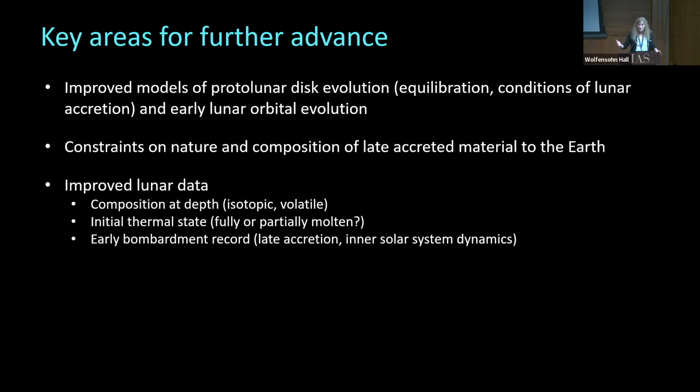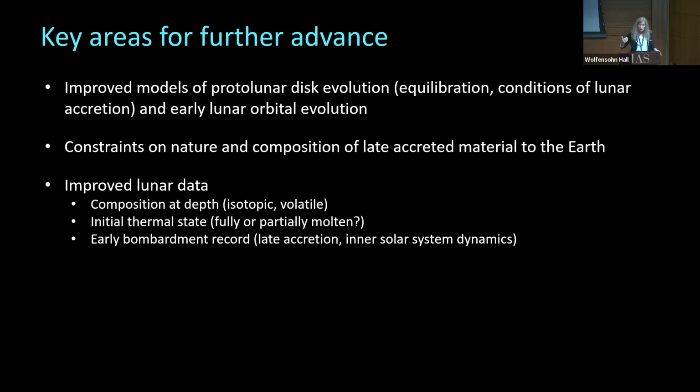Many thousands of impact simulations have been done. I've mentioned that. By comparison, very little energy has been spent on models for how the disk evolves and how the moon actually forms. And yet those are the models, we hope, that ultimately will link these energetically quite different models to observable properties of the moon, whether it's the moon's isotopic composition, its composition at depth, its initial thermal state, things like that.